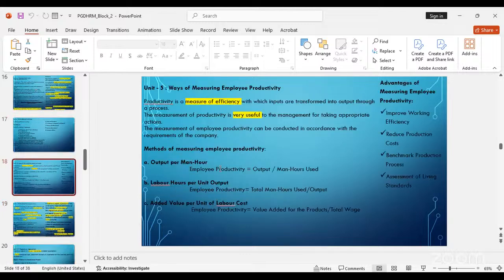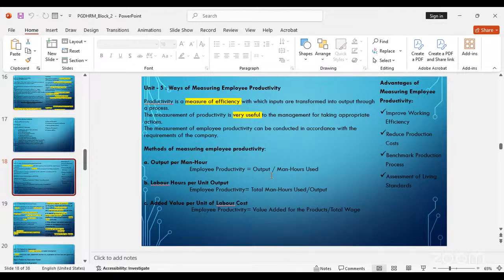Let's look into ways of measuring employee productivity. There are three ways which can be used to measure the efficiency of the employees. These are very useful to determine the productivity. For example, where you need to calculate output per hour, per man hours is one of the methods. Here, employee productivity can be calculated by dividing output with man hours used.